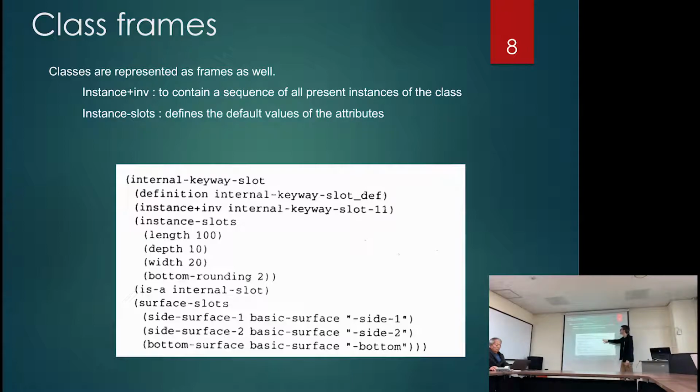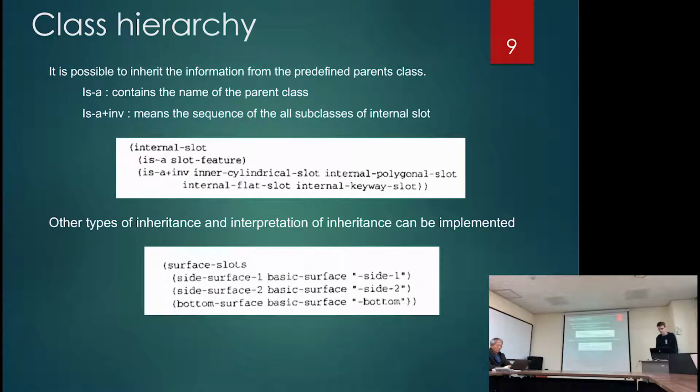With this line, we define what existing items should belong to this class. For instance, we have the default values the objects of this class should have, etc. Also, we have inheritance. We can write here that the class internal slot is a subclass of slot feature, but we can do it also the other way.